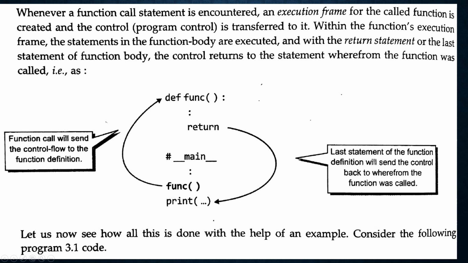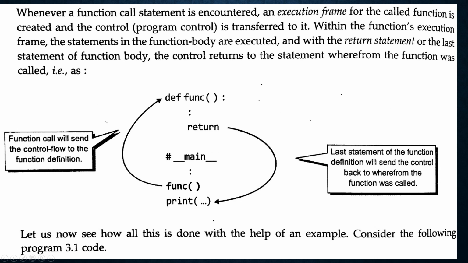Here the main function is the calling function and the def function is the called function. A function call sends the control flow to the function definition, and the last statement is return, which returns the answer to the statement immediately after the function call. That will be sent to the print. So the last statement of the function definition sends the control back to where the function was called.